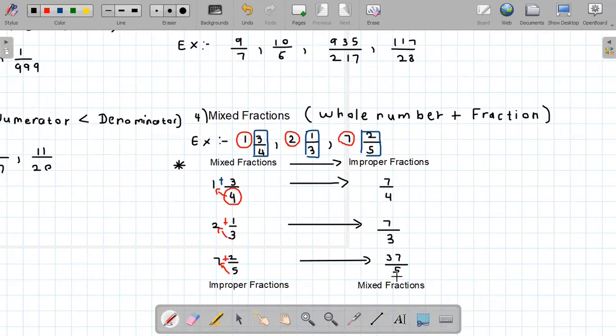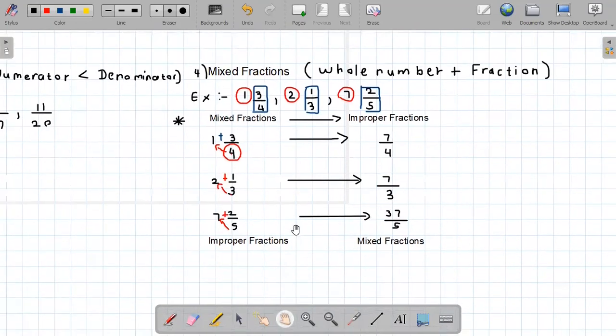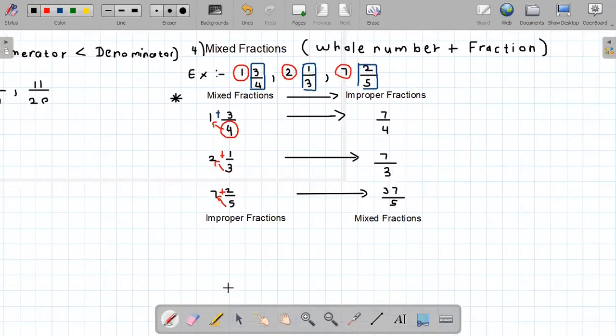The next thing we are going to do is converting improper fractions into mixed fractions. When we converted mixed fractions into improper fractions, we multiplied these two numbers and added this number, right?